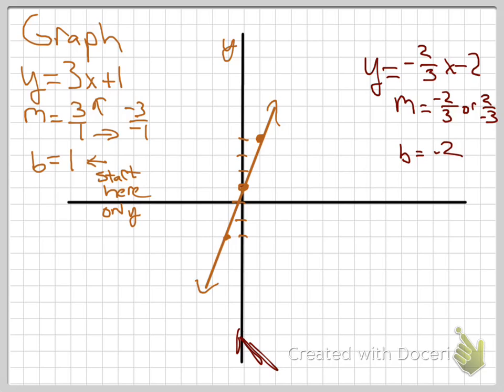Always start on the y. So start at -2. Then if I follow the first one, I'm going to go down 2 and over to the right 3. If I do the other one, I'm going to go up 2 and to the left 3. Notice that these points, you can even already tell they're going to make a straight line. There you go. There's my graph.